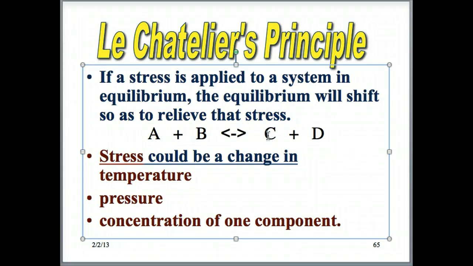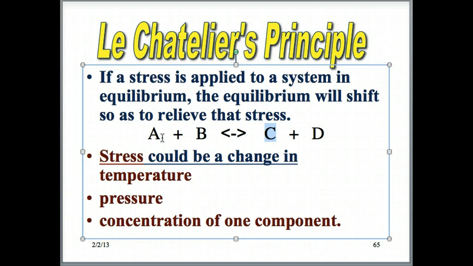If I have equilibrium established, meaning all species are occurring and they've settled down, the rates going forward and reverse are the same, and I add C to the container, then equilibrium will shift to relieve the stress of the added C, and it will shift towards the reactant side.